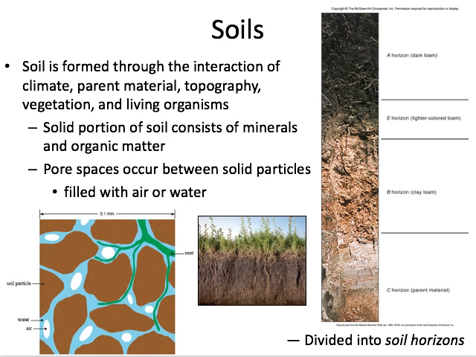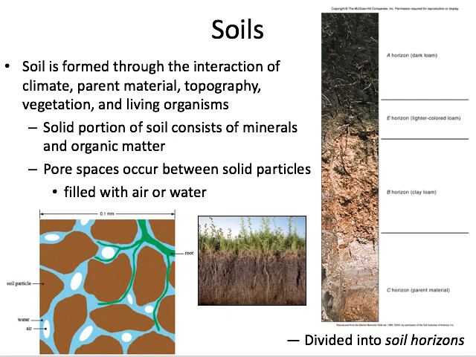Finally, a few words about soils. Soils are formed through the interaction of climate, parent material, topography, vegetation, and living organisms. That is to say, soils are dynamic. It's not just some dirt on the ground. There are lots of different components, including rocks, sand, clay, water, and living things, all found inside this soil.